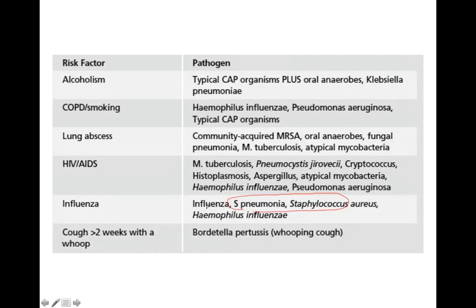So I told, in the treatment of typical pneumonia, we give the patient a combination of ceftriaxone plus azithromycin generally, or we give the patient respiratory quinolones like levofloxacin, gemifloxacin, moxifloxacin. So suppose we started the treatment with ceftriaxone plus azithromycin. Since another cause of post-influenza pneumonia can be Staph aureus, we have to cover Staph aureus also.